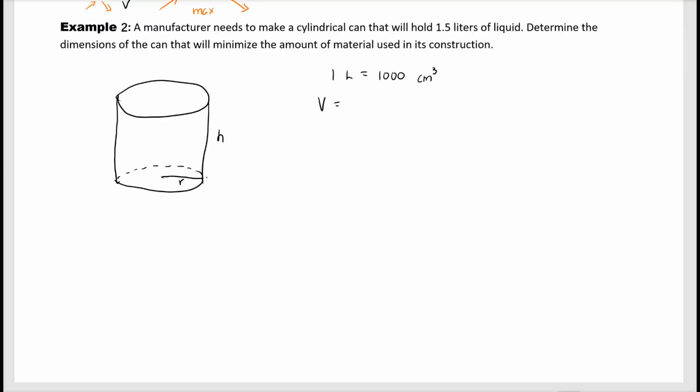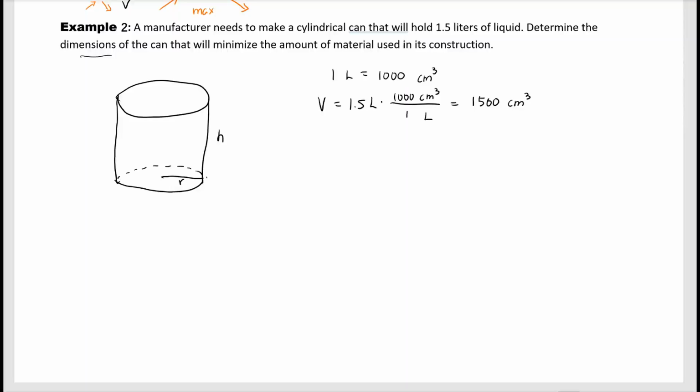So volume is 1.5 liter, but I don't want liter. I want centimeter cube. Okay, then so that will give us 1500 centimeter cube. Okay, because we want to talk about the dimension. The dimension is like length, and here the length should be centimeters. Okay, so this is the volume.